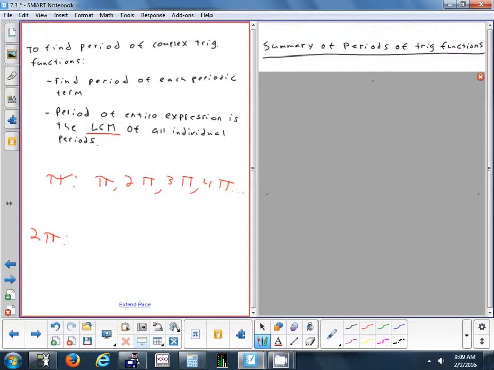And make a list of all the multiples of 2 pi: 2 pi, 4 pi, 6 pi, 8 pi. So in these lists, what's the smallest number they both have in common? 2 pi. 2 pi is the LCM. It's the least common multiple of pi and 2 pi.